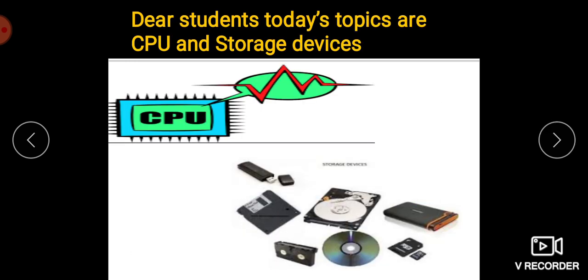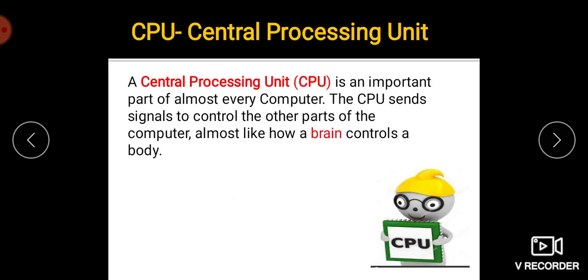So dear students, today's topics are CPU and storage devices. First of all, we will talk about the CPU. CPU is the main part of the computer. Many other parts are connected to CPU with cables. The actual processing is done in this unit only. That is why it is called the brain of the computer.